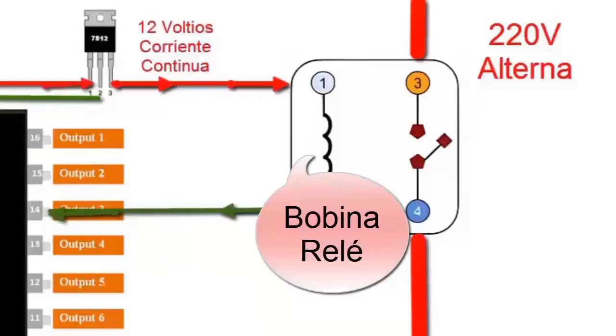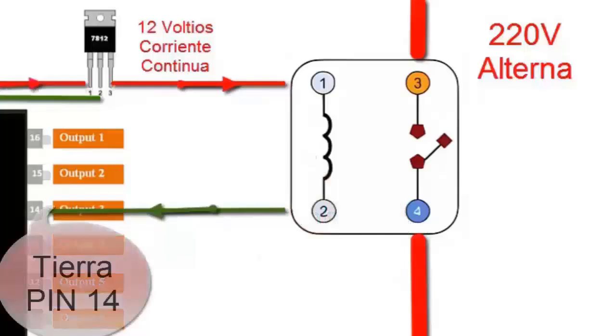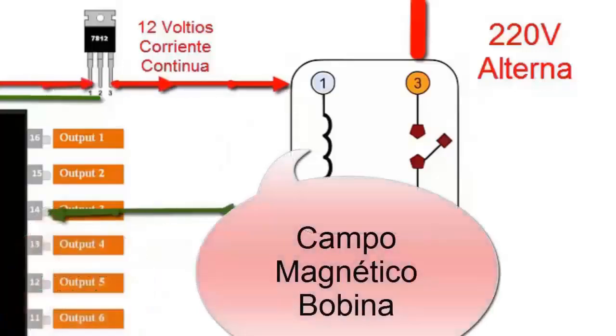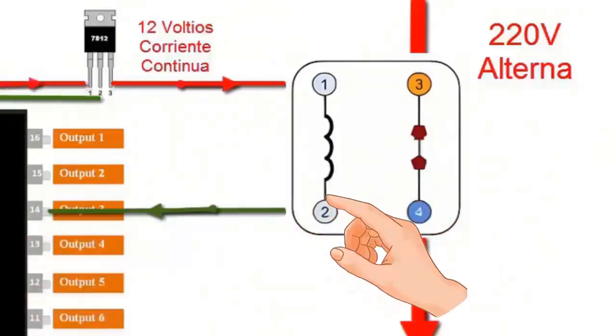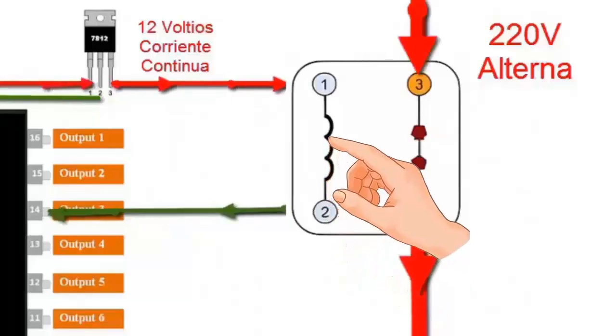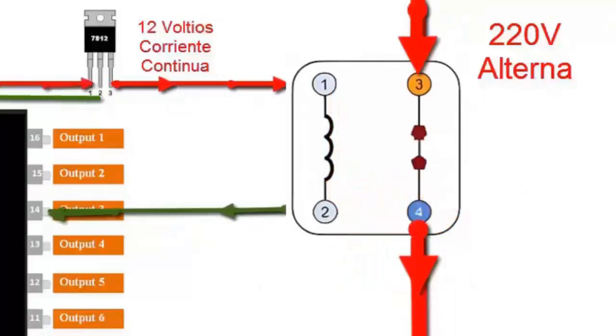When this happens, current flows through the coil, creating a magnetic field that closes the relay's internal switch. With the relay switch closed, 220 volts AC can pass to the air conditioner's fan motor, activating it properly. You can test the relay using a 9-volt battery across the relay's control pins.